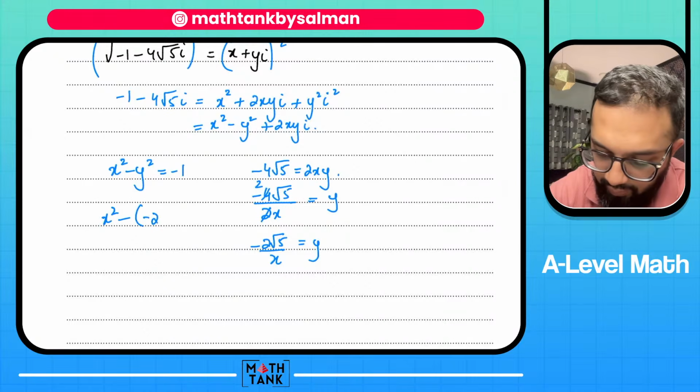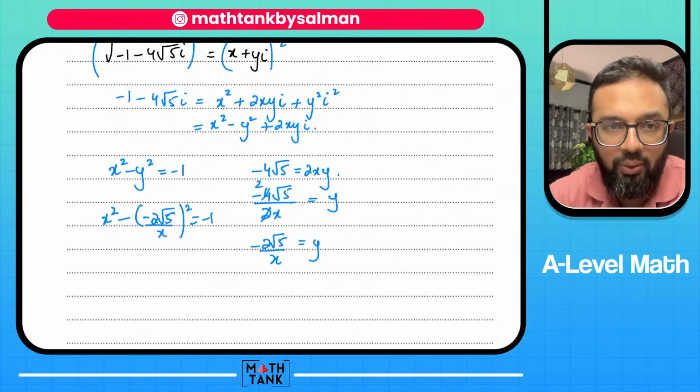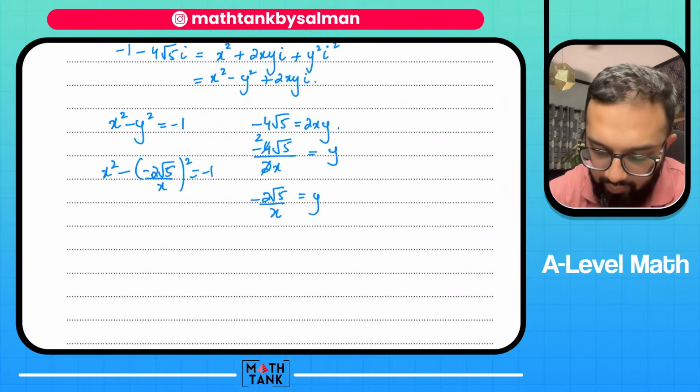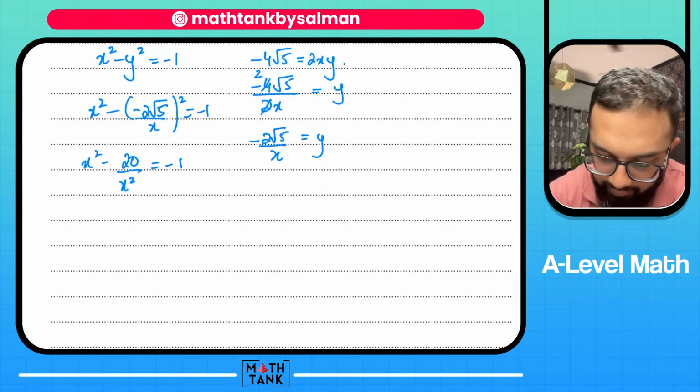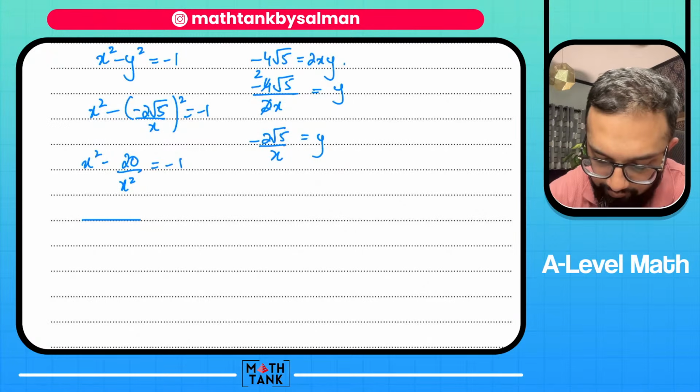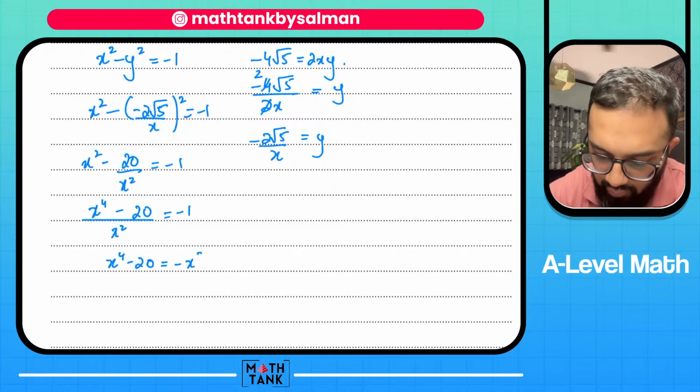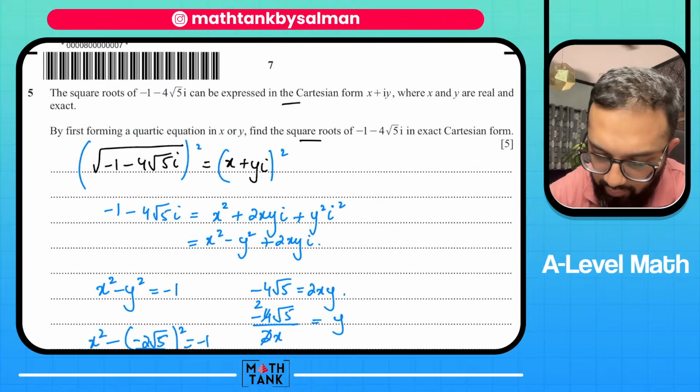So x squared minus, that's 4 into 5, 20 over x squared equals minus 1. Okay, that's the quartic equation in x.